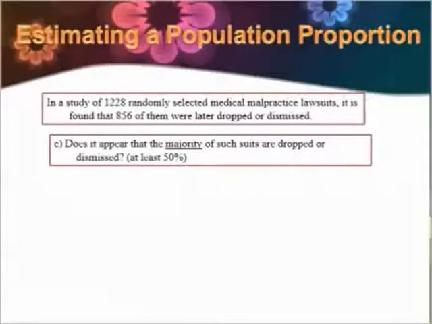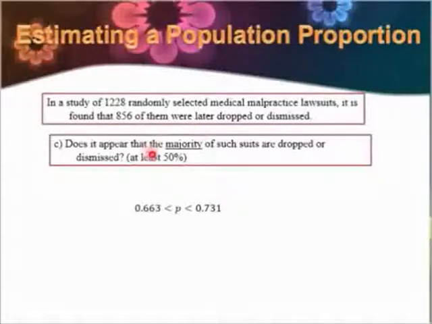The last part of this question might be, does it appear that the majority of such lawsuits are dropped or dismissed? Well, again, take a look at the confidence interval estimate that we found. We're saying that the population proportion of lawsuits that are dropped is somewhere between 0.663 and 0.731.